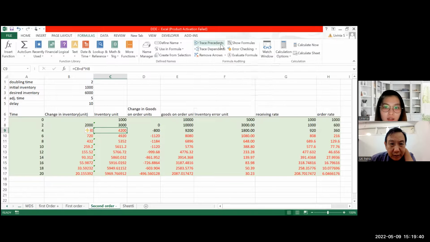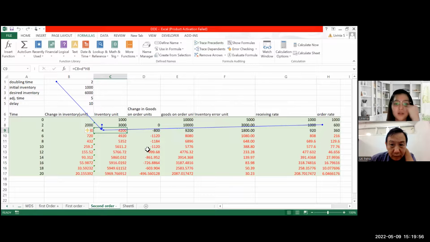Okay, you click that. There. So you can see that that is depending on the DT. The DT is correct, right? Yeah, 600 and then 2. What is that again? Inventory unit.